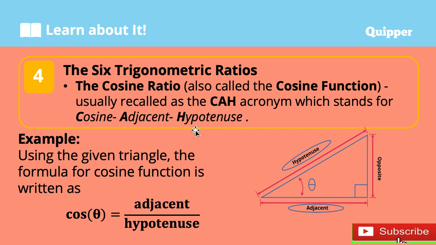This implies that the cosine ratio deals only with the adjacent side and the hypotenuse. For example, using the given triangle, the formula for the cosine function is written as cosine theta is equal to adjacent over hypotenuse. So just use the adjacent and the hypotenuse.